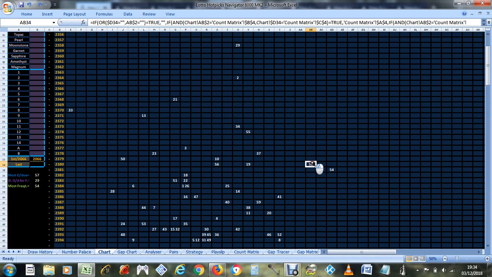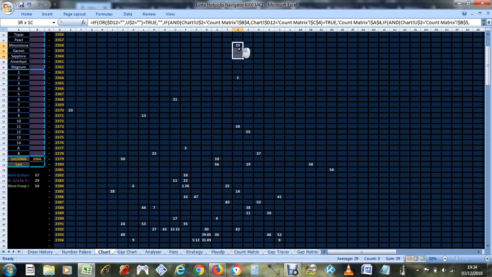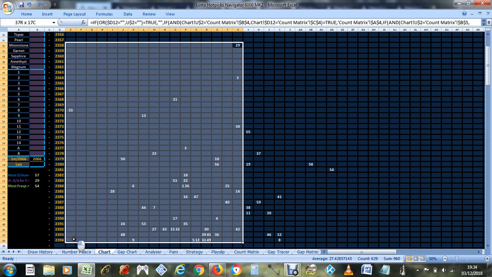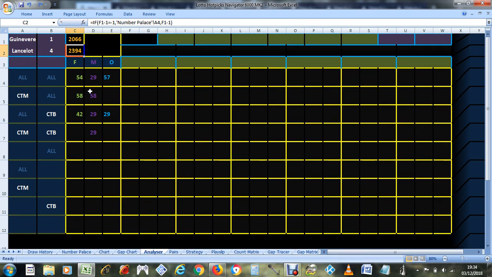So eventually this area will be bigger than this area, and that's why on the analyzer this one that used to be 29 has changed to 58. But I still think 29 is going to come out, and when it does, 18 will probably come out with it.